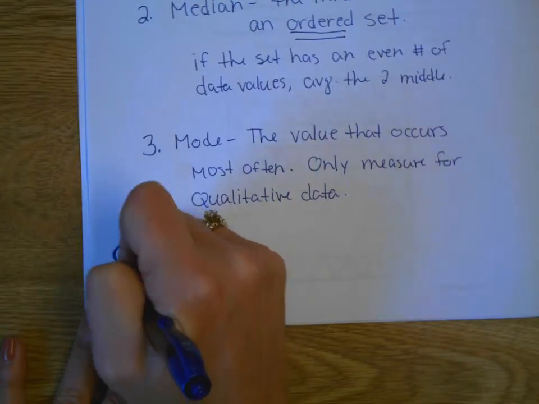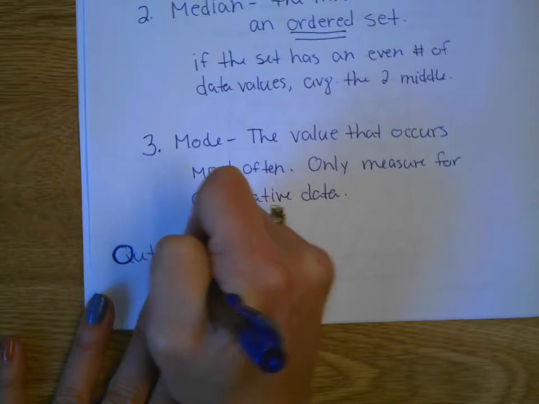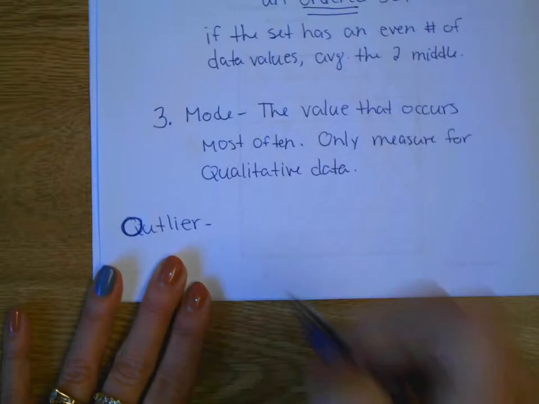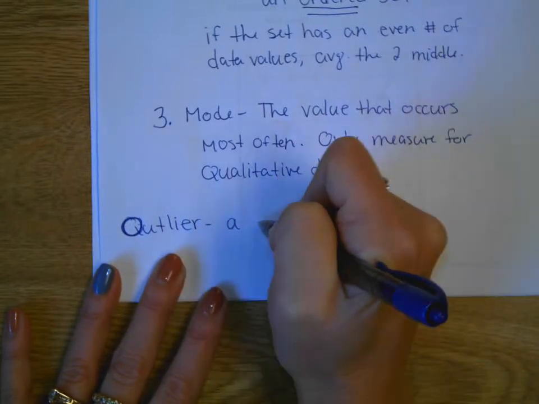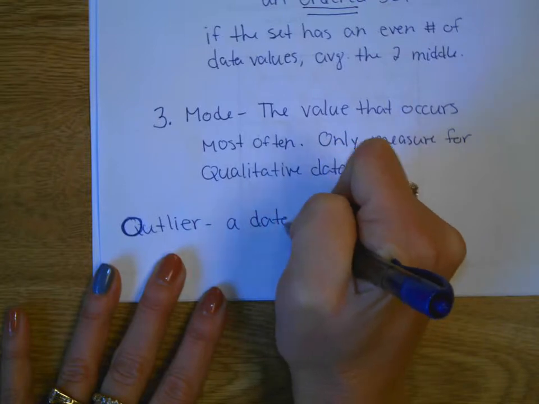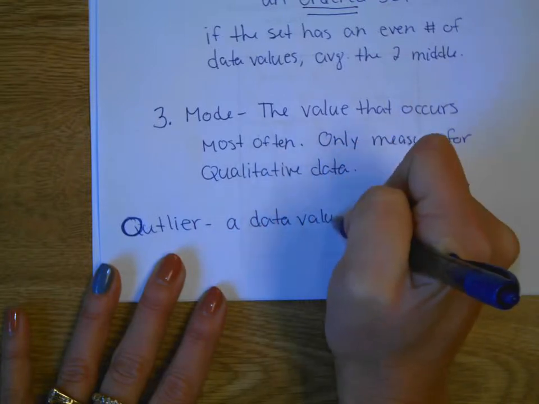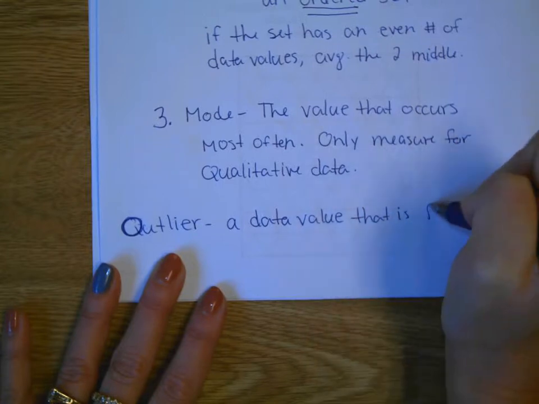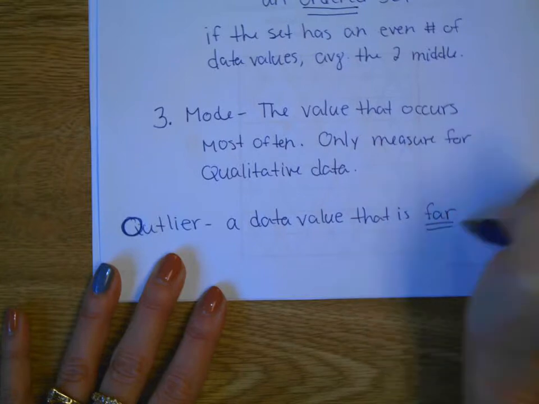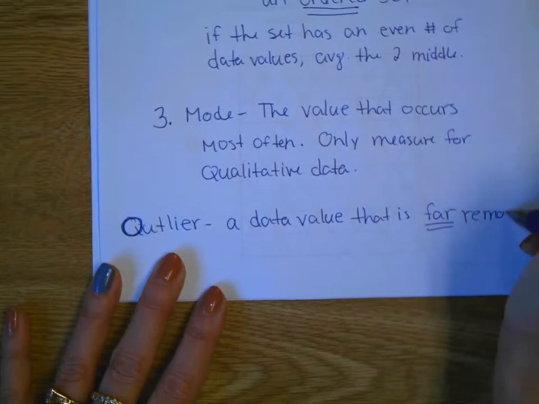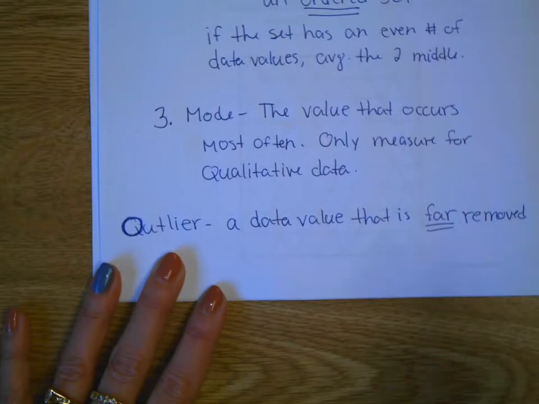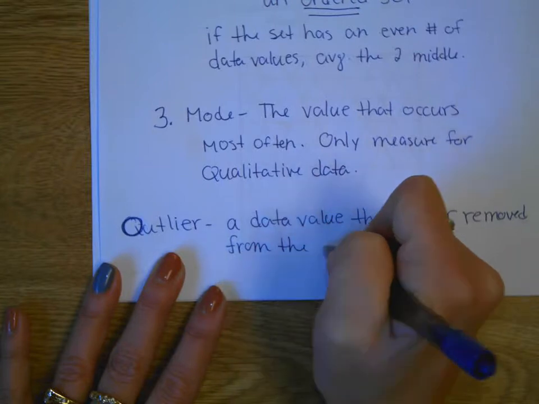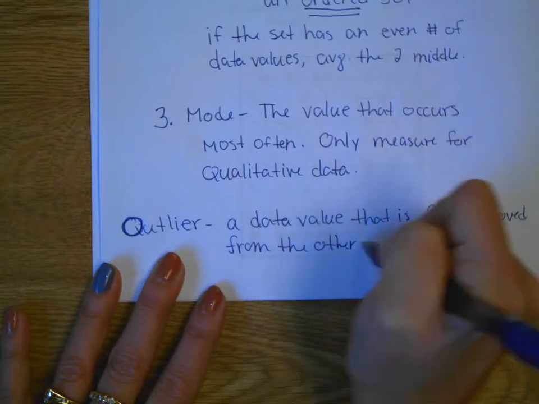That's not a Q either, that's an O. An outlier is a data value that is far removed from the other values.